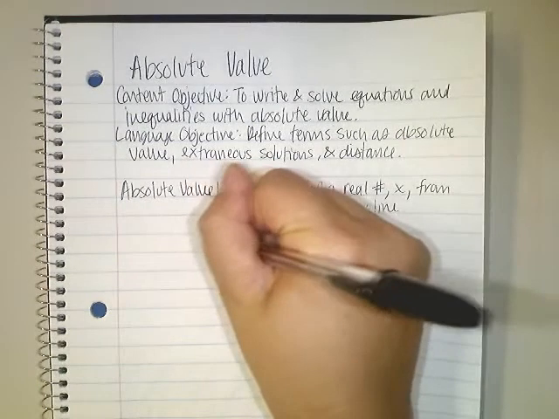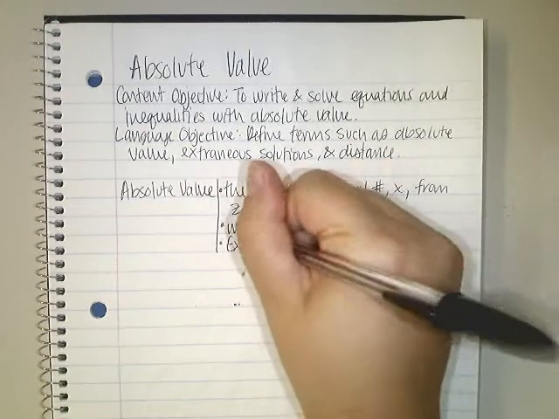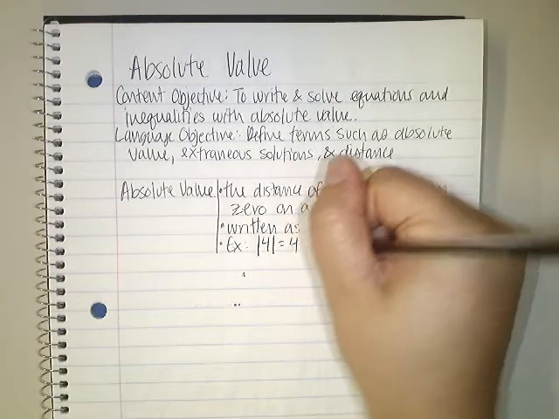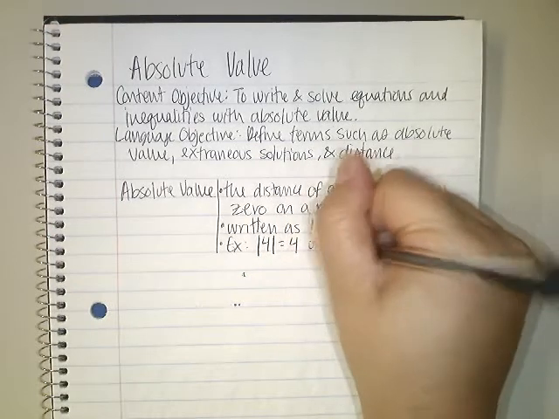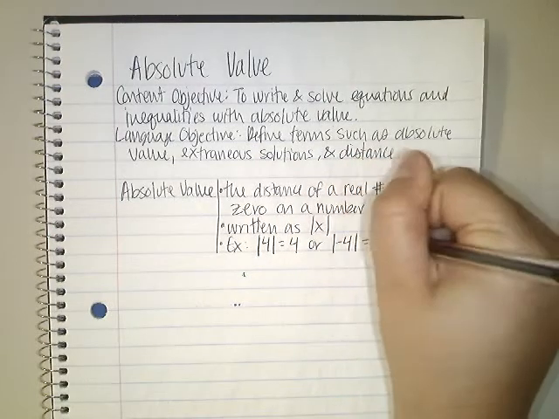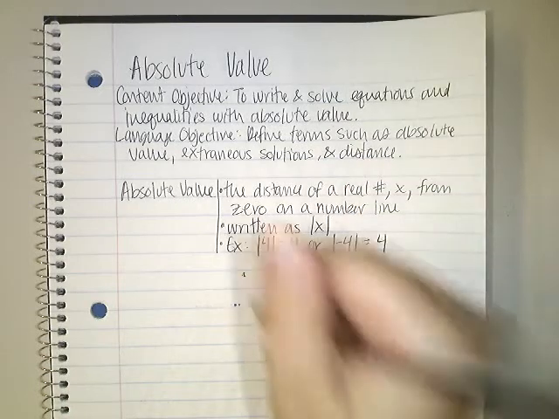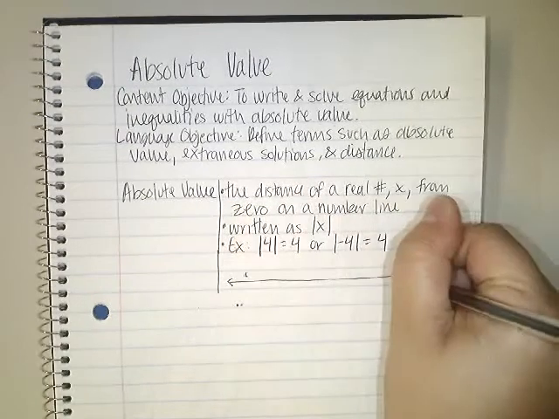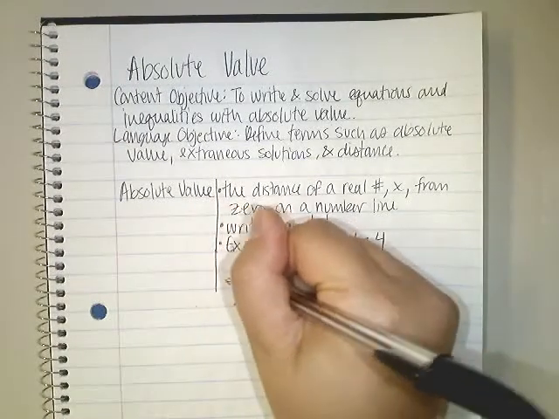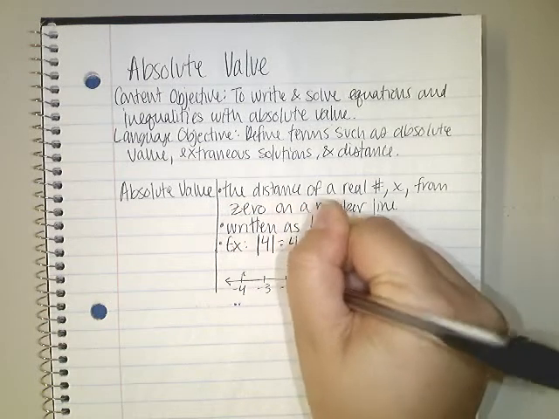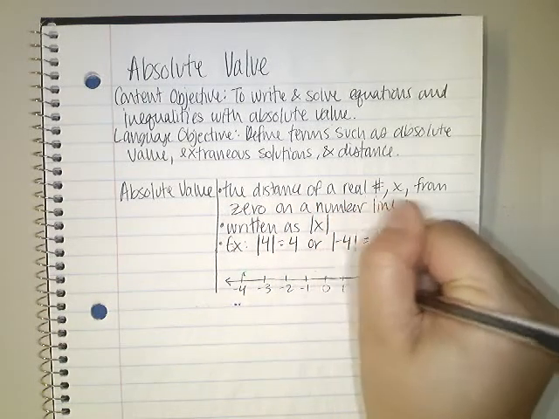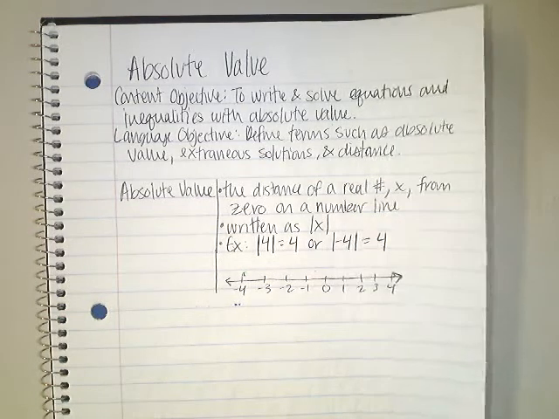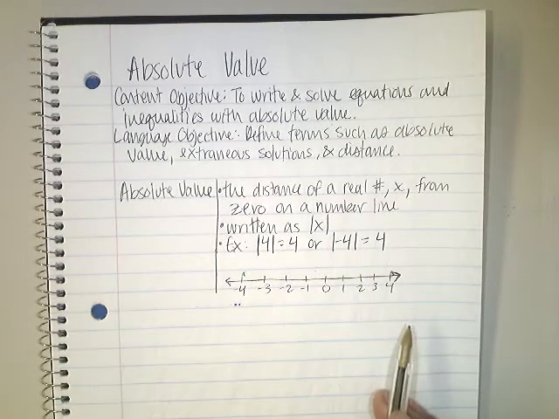For example, the absolute value of 4 is 4, but along those same lines, the absolute value of -4 is also 4. And I think the best way to see and understand this is if you have a number line that goes from -4 to 4.